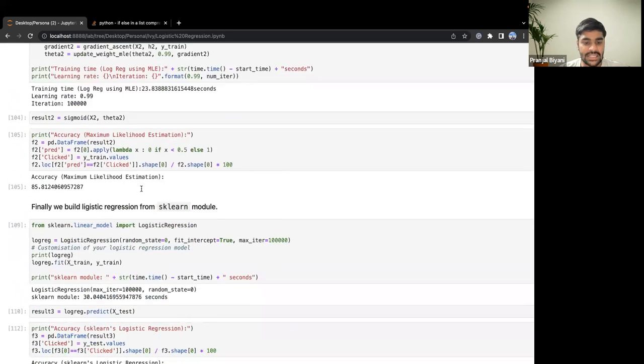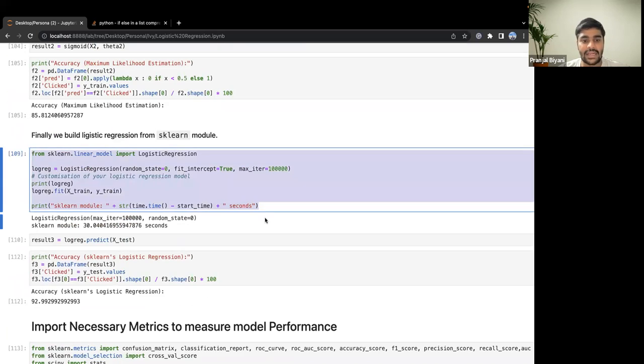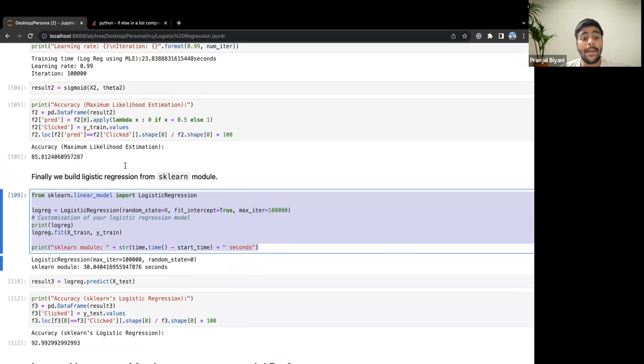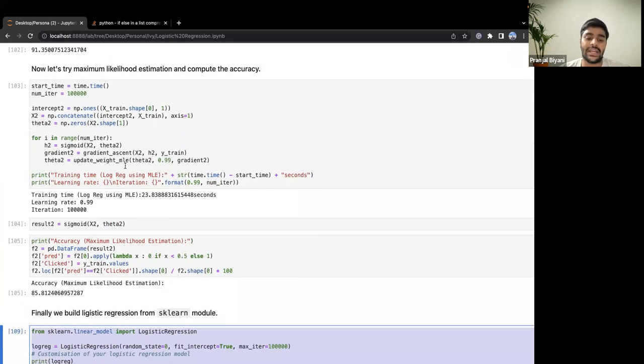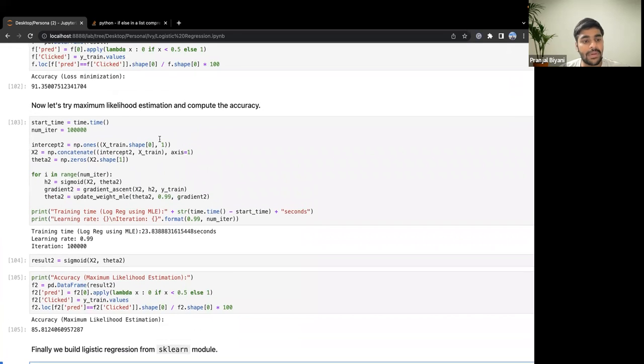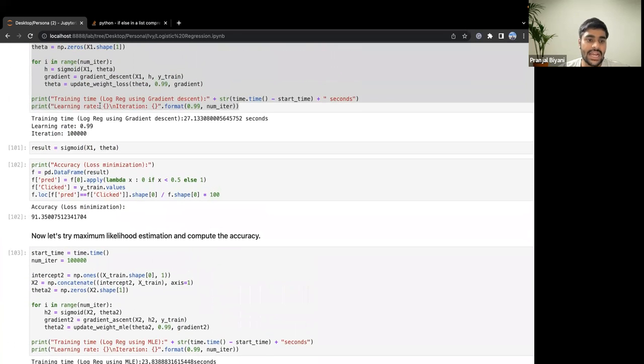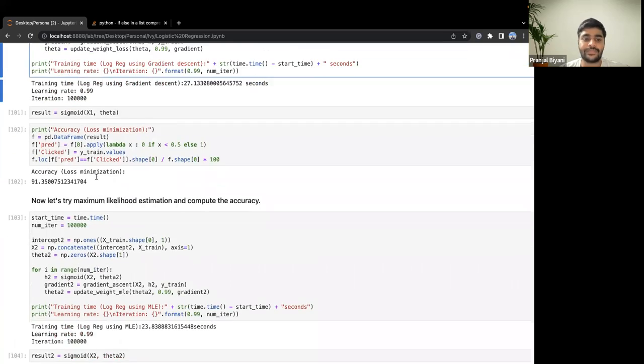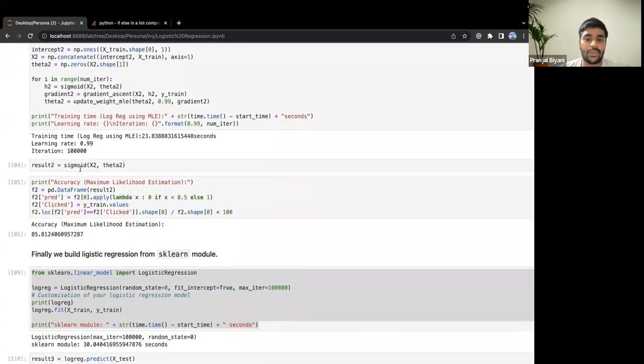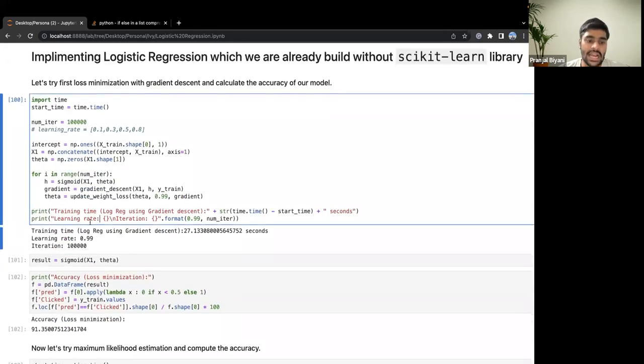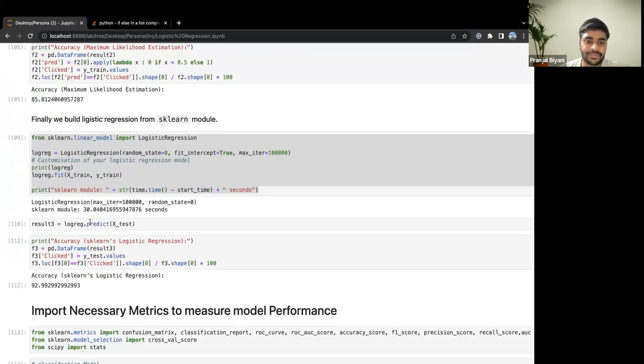I'm not discussing it because for us the scikit-learn logistic regression model is just 3 or 4 lines of code. But if you did not have it, you could implement the whole thing from scratch, and that is added in your notebook. This is done without the scikit-learn module, all written from scratch.